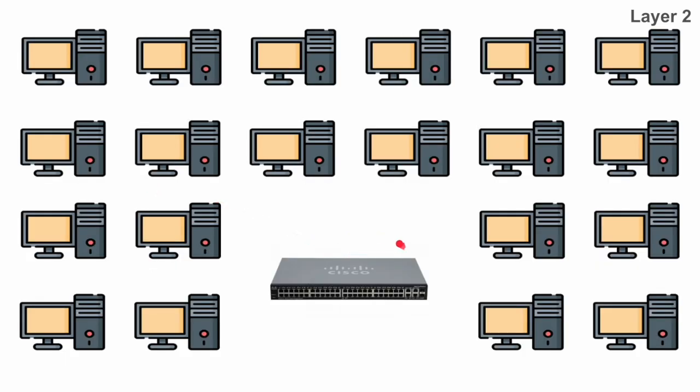Similarly, in the computer world, in networking terms, we use a switch. A switch makes sure that the data ends up on the right computer or the right device. And for this it uses MAC addresses.